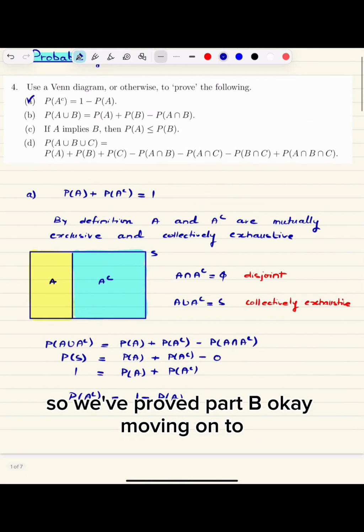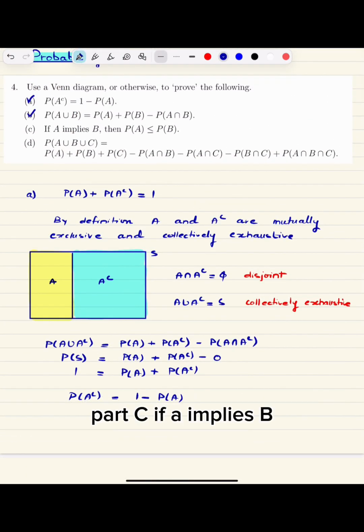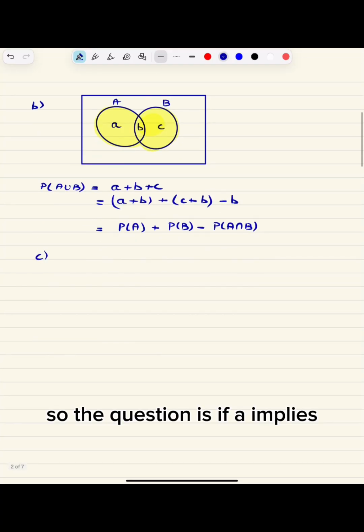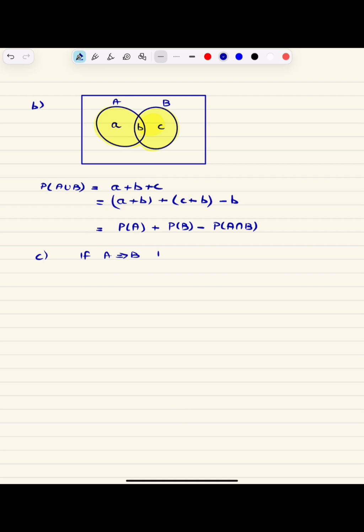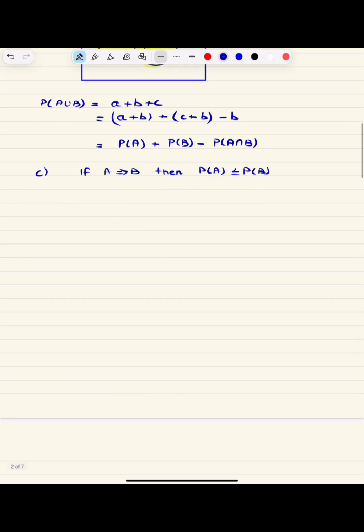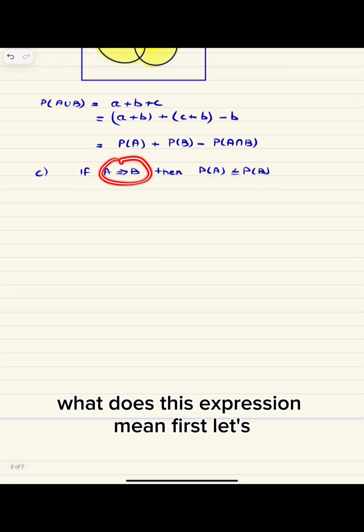Okay, moving on to part C. If A implies B, then the probability of A is less than or equal to the probability of B. What does this expression mean?